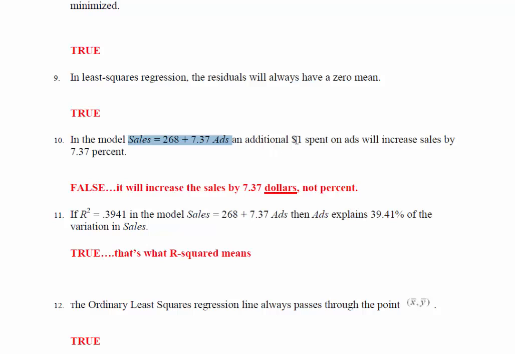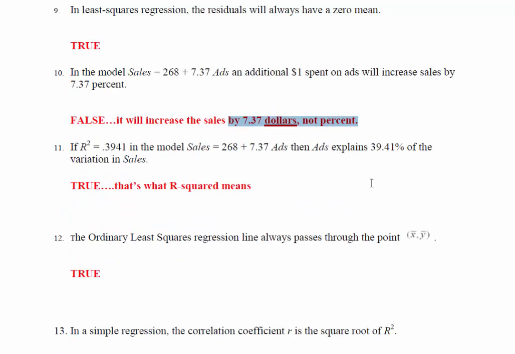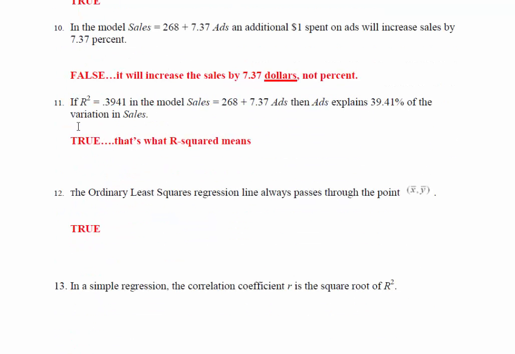If you increase ads by 1, sales will increase by the slope, $7.37, but it's not percent. Since it says percent, it's not true.